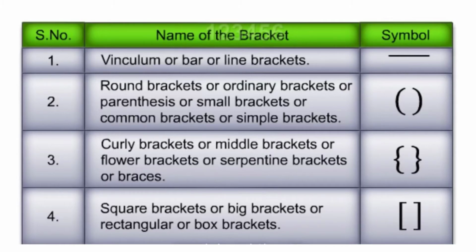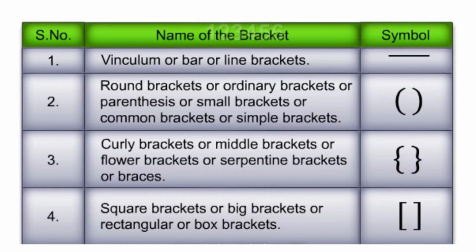First, bar brackets or line brackets. Second, round brackets or ordinary brackets, or simply first brackets. Third, curly brackets or middle brackets, or simply second brackets. Fourth, square brackets or big brackets, or simply third brackets.